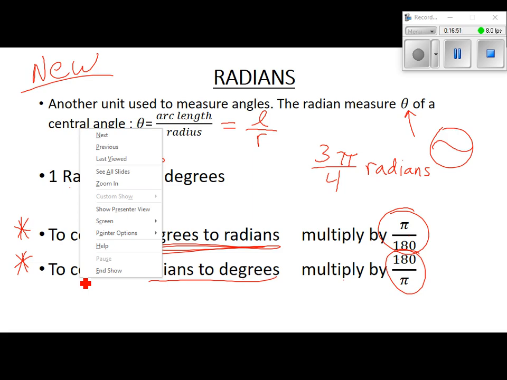It doesn't matter to me. I'll do it both ways here in a second, just to let you see how the two different ways work. And you decide which one you want to use. It makes no difference to me. They should both come out the same.